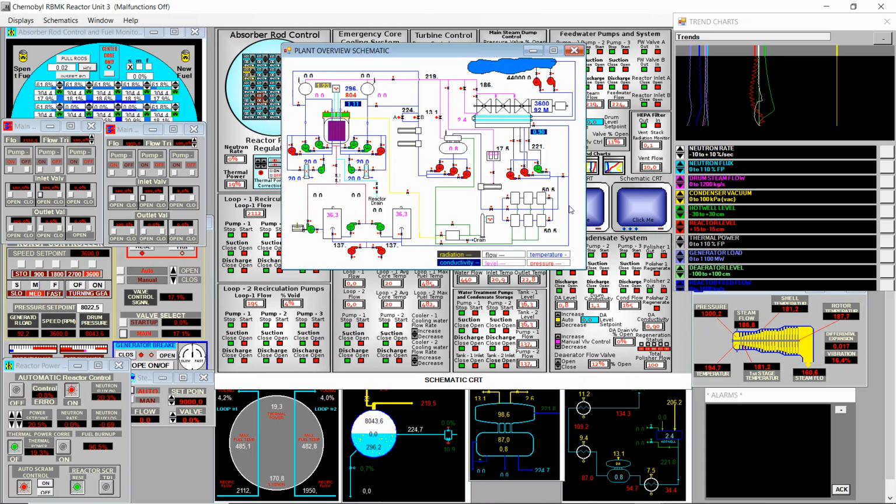In a PWR reactor, we have a primary circuit, so we have water that takes the heat from the reactor and goes to a heat exchanger that makes water boil in the secondary circuit and makes the turbine spin. In this kind of reactor, the primary and secondary circuits are the same, so there is no heat exchanger between the primary and secondary.